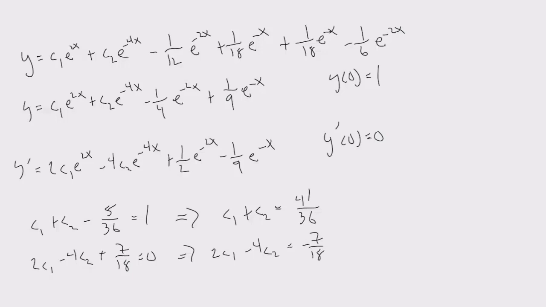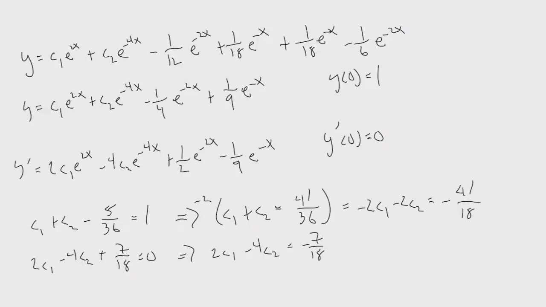And at this point we got a good old-fashioned system of equations. There are lots of approaches on how to solve something like this. Let's take the top equation and multiply by negative 2. Why not? So negative 2c1 minus 2c2 equals negative 41 over 18.